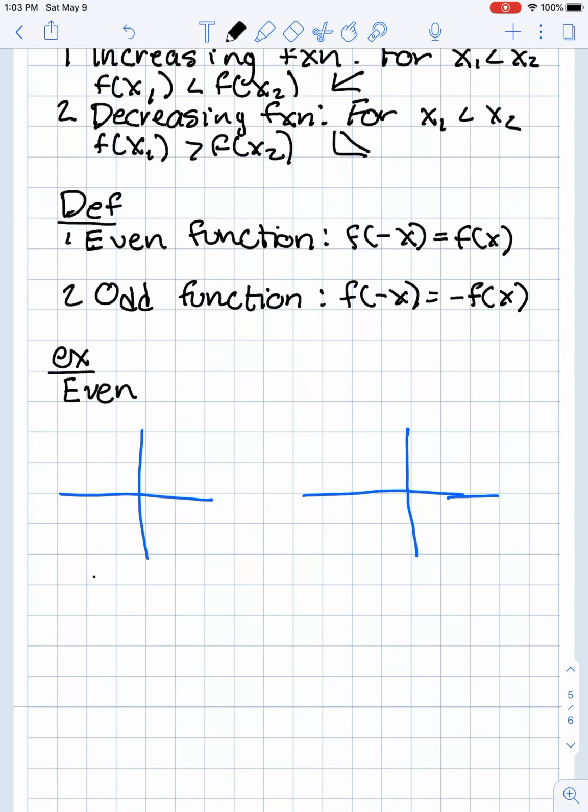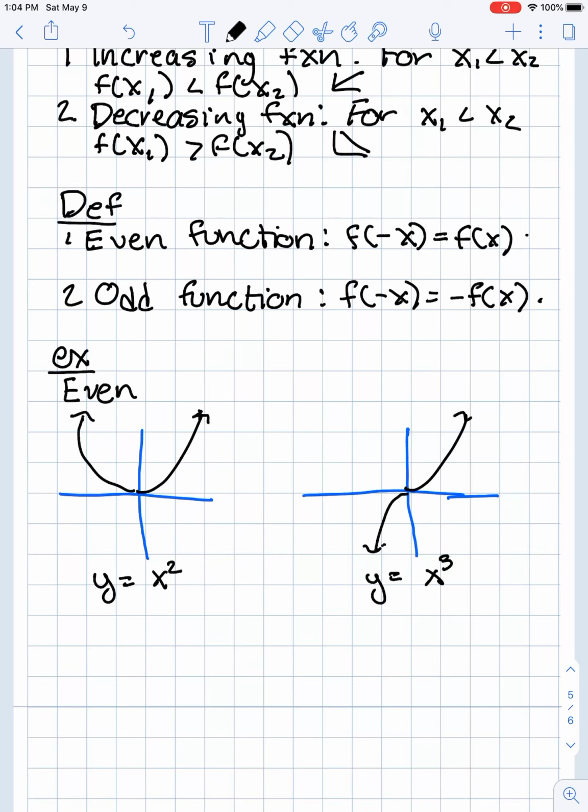So let's do y equals x squared, which looks like this, and y equals x cubed, which looks like this. They go off forever. Alrighty, so I want to see if they're even or odd. So let's plug in each one of them.